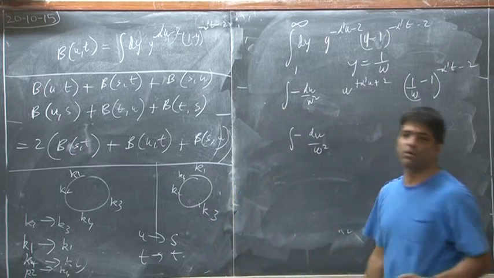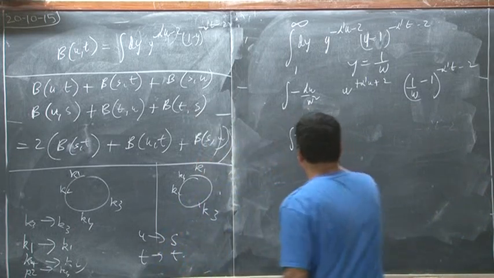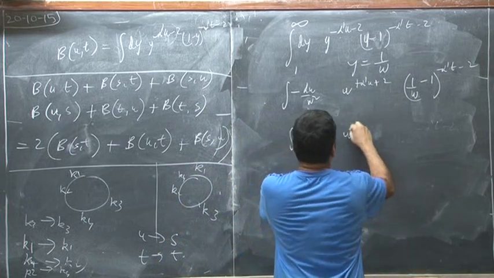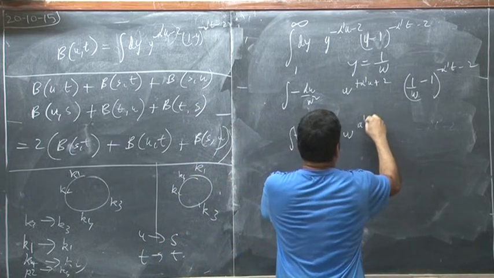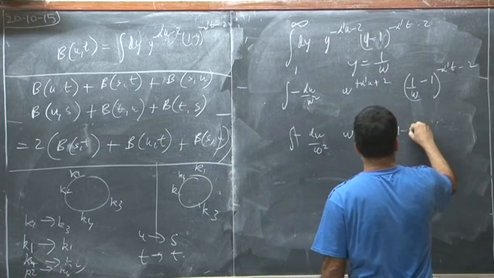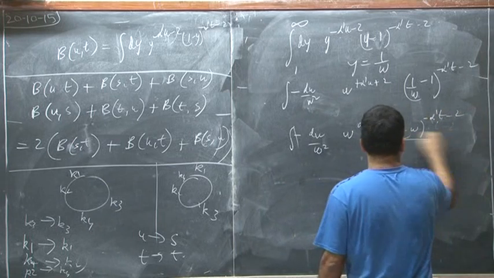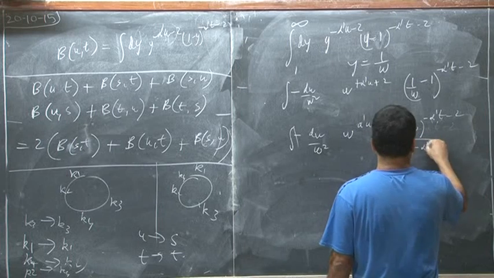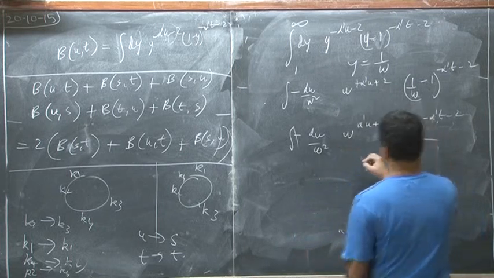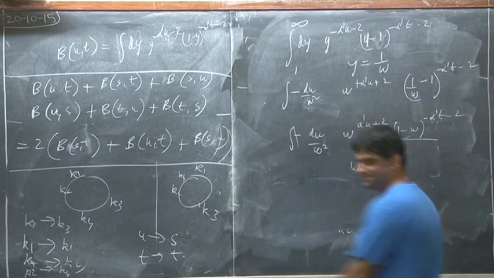The minus, of course, will go away in the change of limits. So that's plus. This is w to the power alpha prime u plus 2, and this is 1 minus w to the power minus alpha prime t minus 2, divided by w to the power minus alpha prime t minus 2, which is w to the power alpha prime t plus 2.